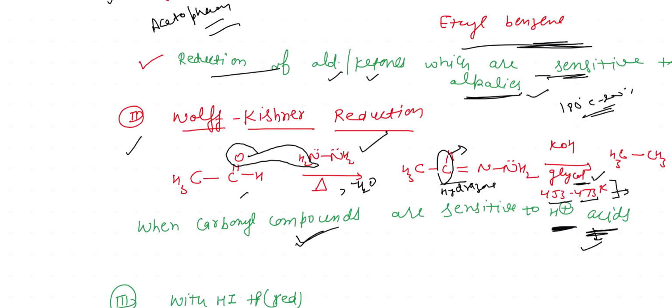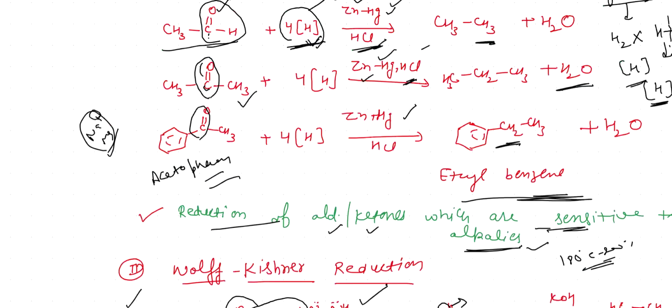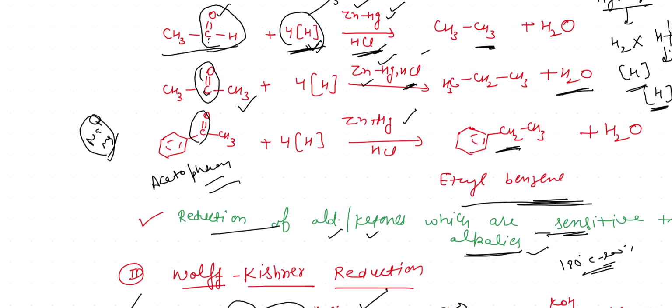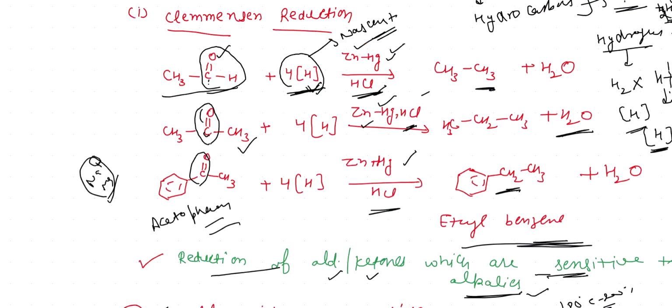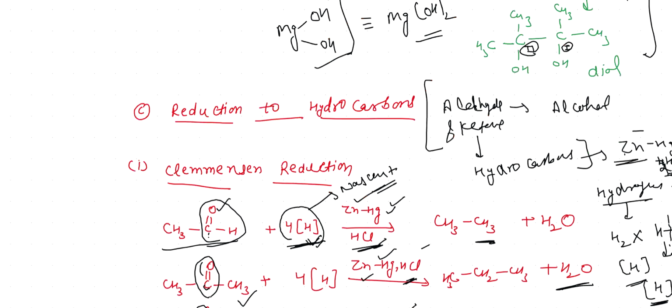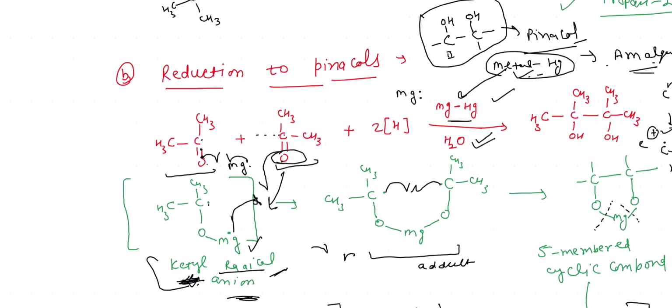As in Clemmensen reduction, we are using HCl, which can break down the molecule. That's why we are not using that in Wolff-Kishner reduction. So Wolff-Kishner reduction is done by using some different reagents. Clear? Okay.